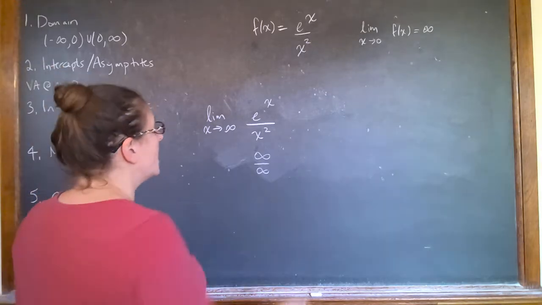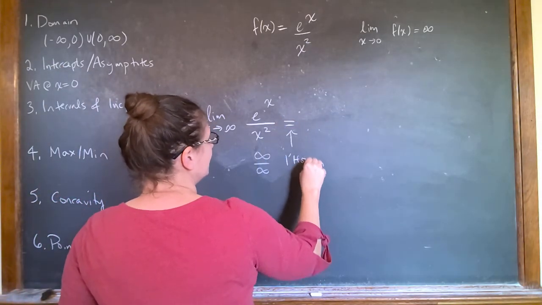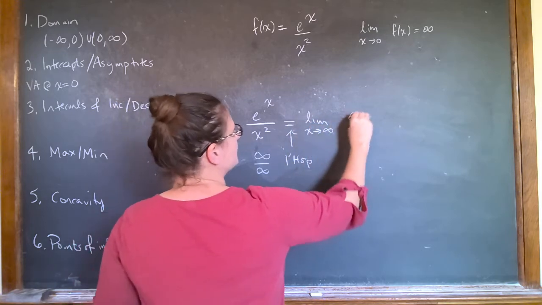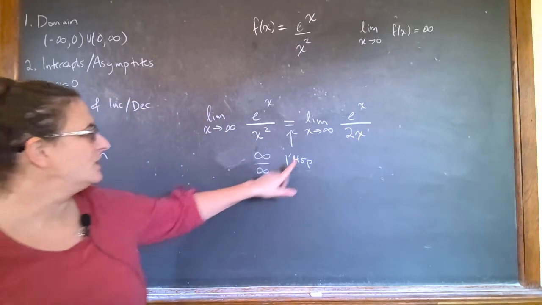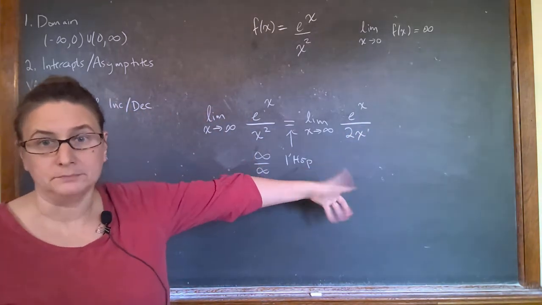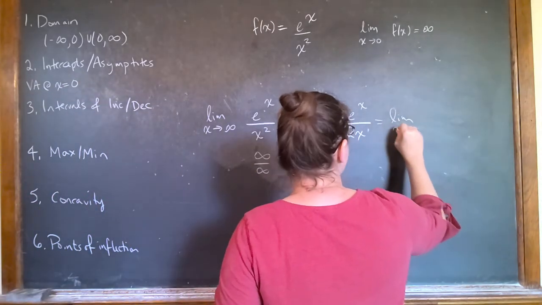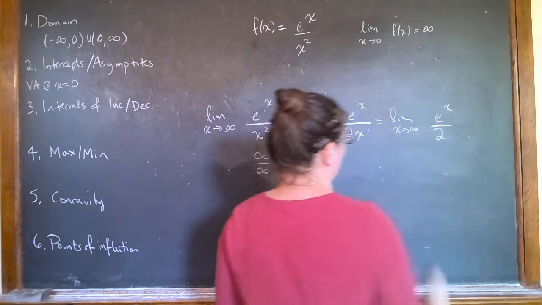So using L'Hopital's rule, I take the derivative of the top, divide by the derivative of the bottom. I still have infinity over infinity. So I have to do it again. So second time L'Hopital's rule, I am at e to the x over 2.